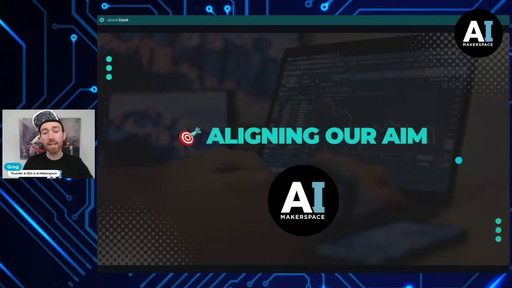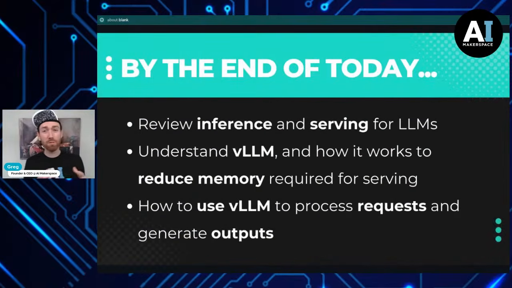As always at AI Makerspace, we want to align our aim. I want to review the ideas of inference and serving first. Then we want to understand what's happening at the architecture level, with data flowing through the transformer, so that we can understand where these memory bottlenecks occur. And then, of course, Chris is going to show us how to actually use vLLM.